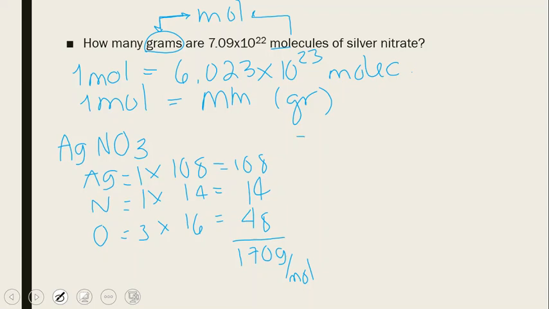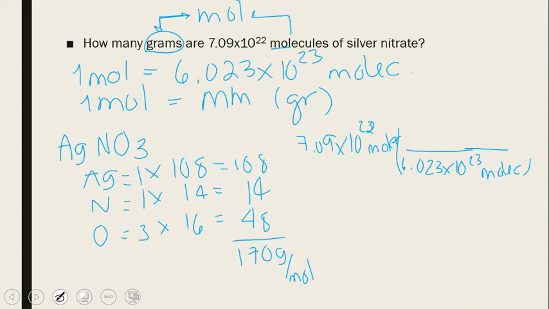Okay, let's solve it. My data, 7.09 times 10 to the 22 molecules. I don't want molecules, so it goes down. 6.023 times 10 to the 23rd molecules is 1 mole.